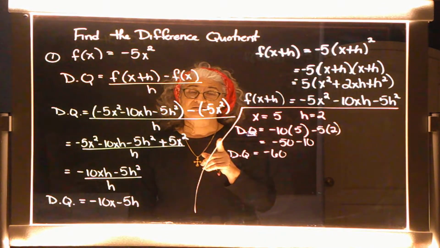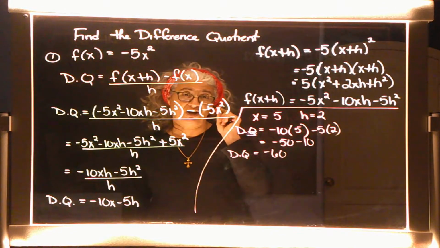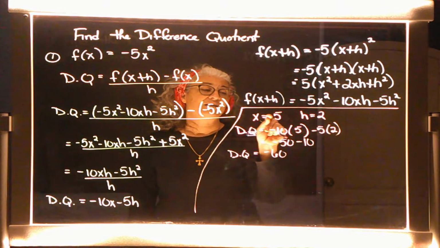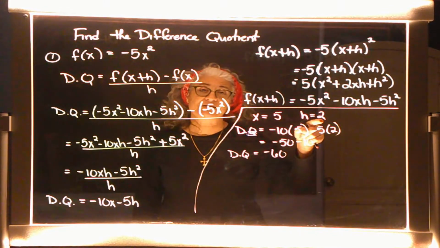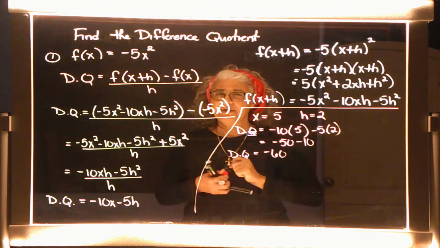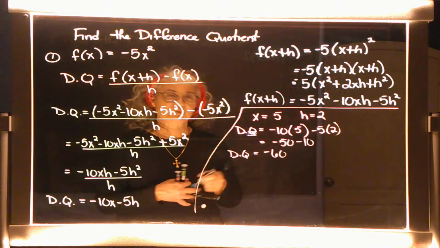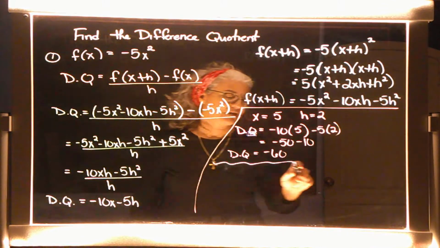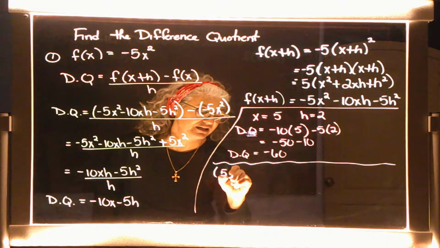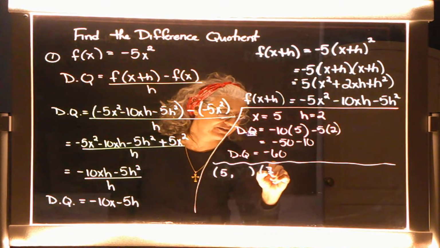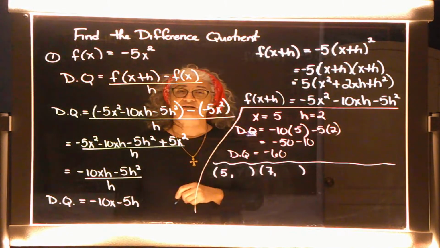Got it? This negative 60 is the average rate of change for the secant line from 5 to the next x, which is 2 spaces away. By the way, what would be that x 2 spaces away? Yeah, it would be 7, wouldn't it? So technically I would have 5 for the x, and I have 7 for the other x, wouldn't I?